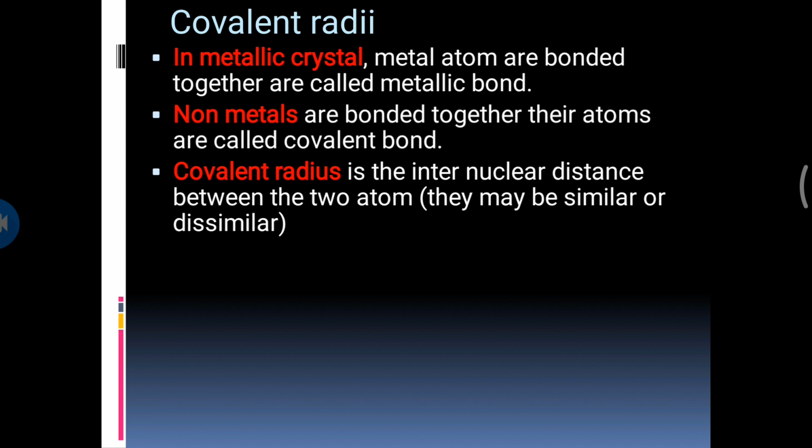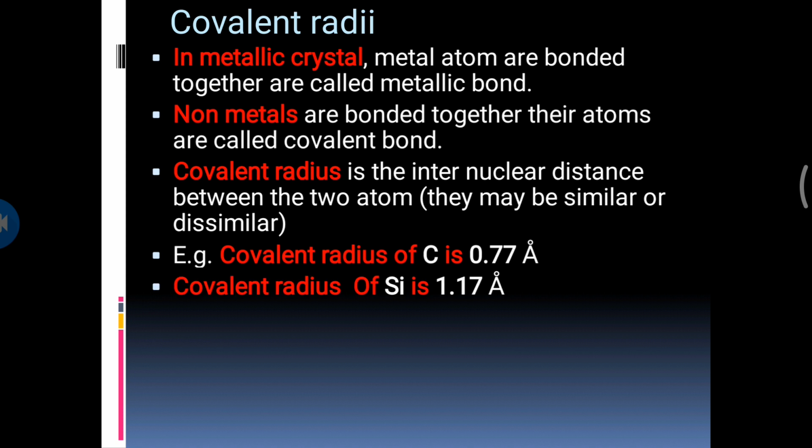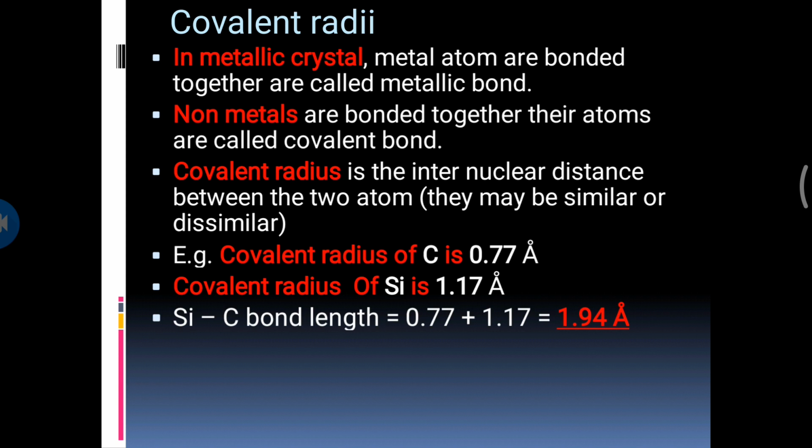For example, the covalent radius of carbon is 0.77 angstrom and the covalent radius of silicon is 1.17 angstrom. Now carbon reacts with silicon to form a carbon silicon covalent bond, and its bond length is equal to 0.77 plus 1.17, which is 1.94 angstrom.